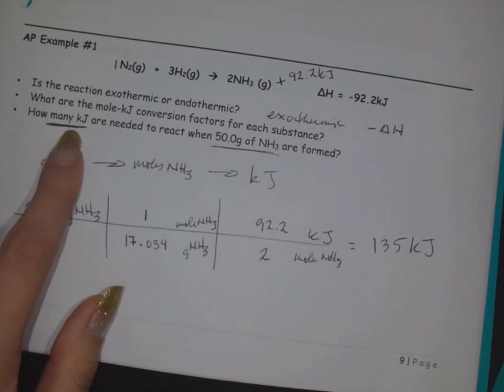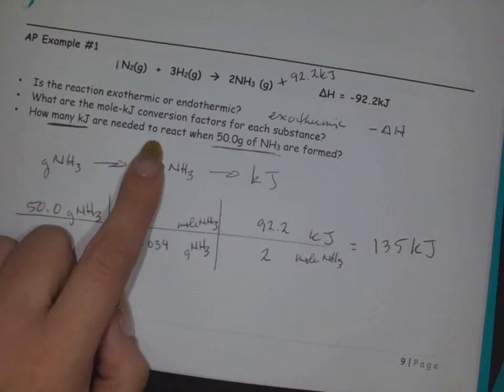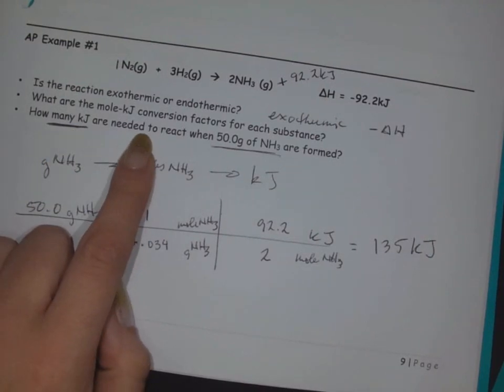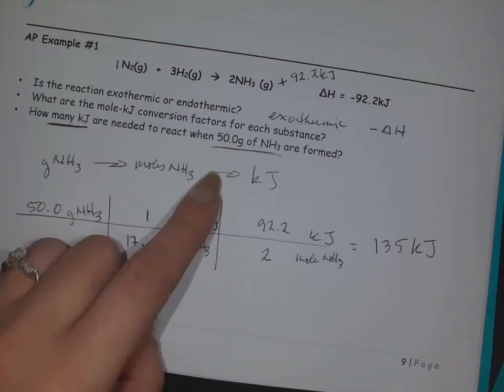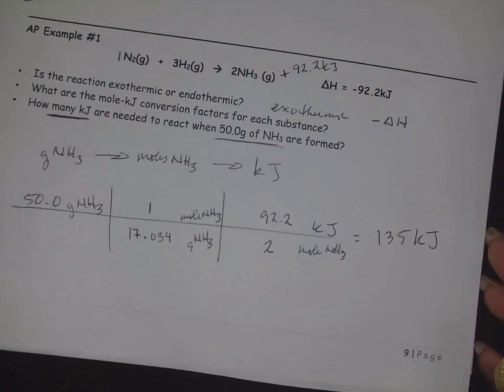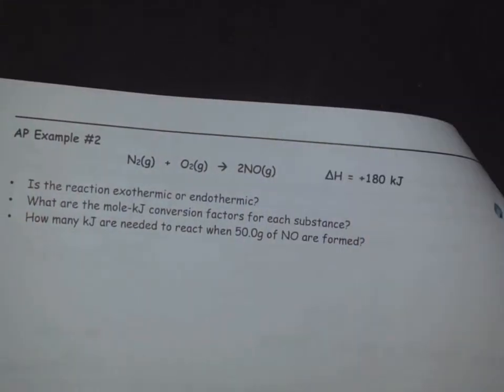That's how many kilojoules are needed. And really, that's almost not the right phrasing. That's how many kilojoules are released when this reaction happens. Okay, we are going to do one more example, and then we'll leave the last 2 for class.